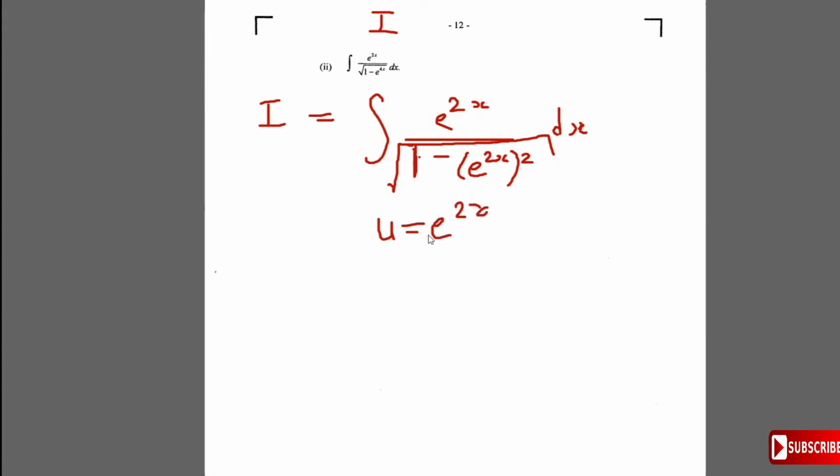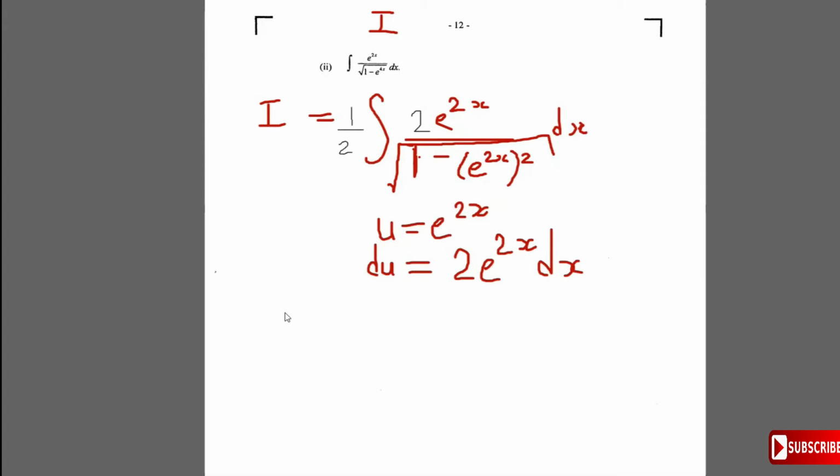If I substitute u as e to the 2x, then my du is going to be, when I differentiate e to the 2x, I get 2 times e to the 2x dx. So looking at the question above, I need to put a 2 right here, and so I put a half on the outside.